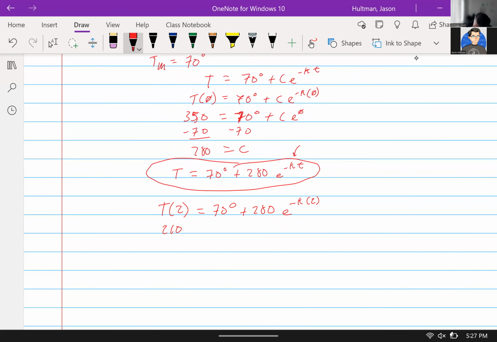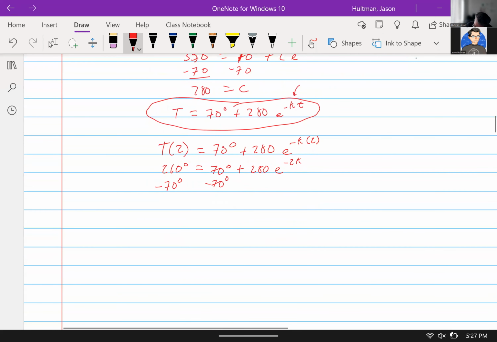So 210 degrees is equal to 70 degrees plus 280 e to the negative 2k. Subtract off 70, we get 140 equals 280 e to the negative 2k.